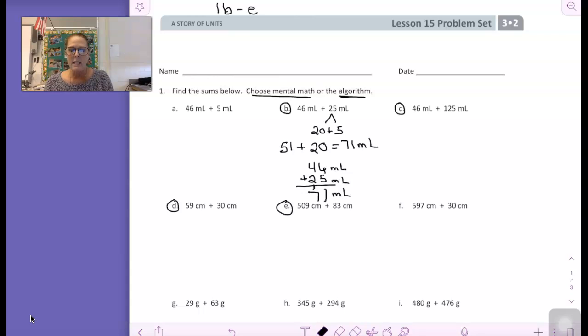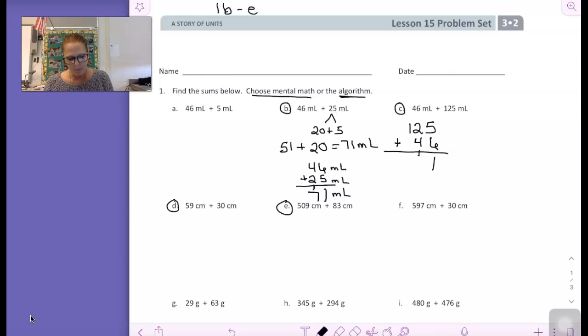Next, we have 46 plus 125 milliliters. So I'm going to go ahead and do the standard algorithm, and I like to organize it and put the largest number on top. Again, we have 5 ones plus 6 ones, which is 11. The reason we like to write it at the bottom down here is because it's just like writing the number like we would in standard form.